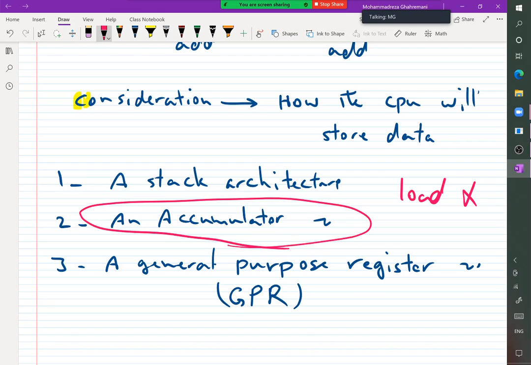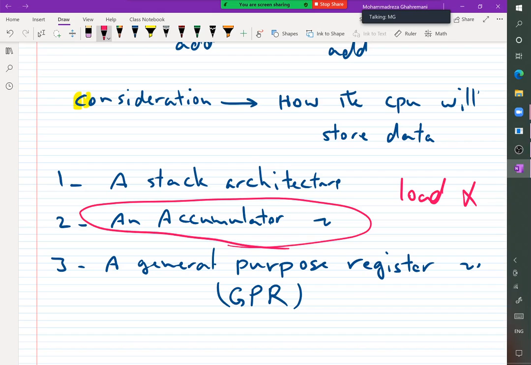It depends. It's a trade-off between simplicity and speed. By using a stack or accumulator architecture, we will have simpler hardware. The hardware is simpler and cheaper, but speed is less than general purpose registers.